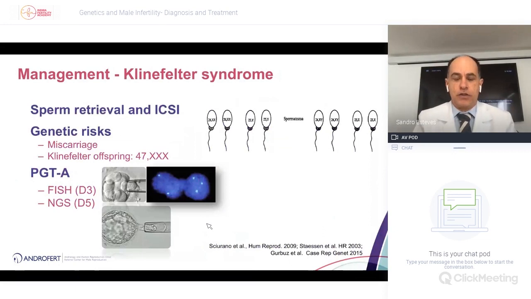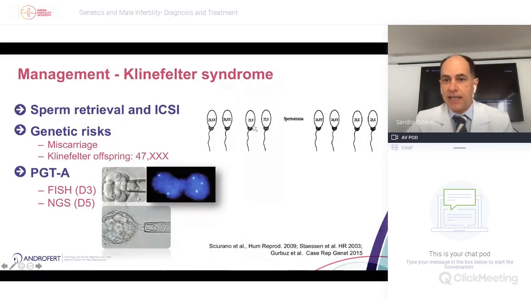So if we succeed in finding sperm in a Klinefelter syndrome patient, what kind of sperm might we have? Well, we can have normal sperm like this, 23,Y. We can have 23,X, but we can also have abnormal sperm, 24,XY, 24,XX.